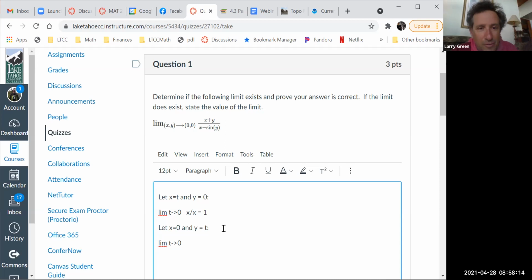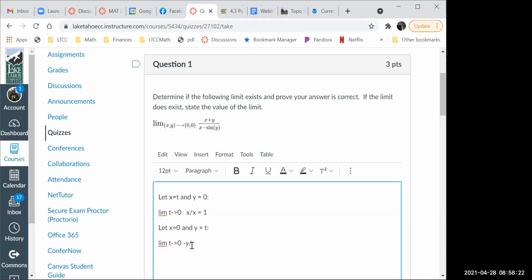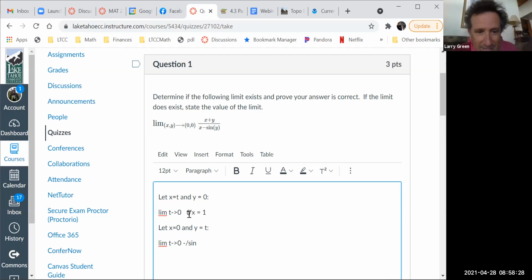Now we plug in 0 for x, you get y over negative sine of y. I'm going to pull the negative outside, just easier to type. Sorry, not y, t. Everything becomes a t. So we get negative t over the sine of t.